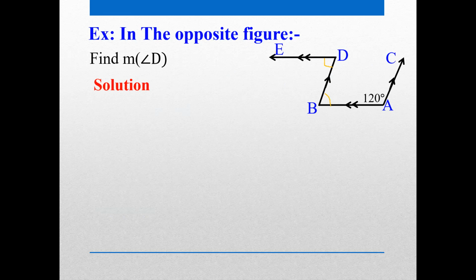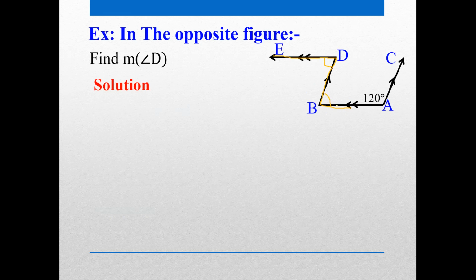Because DE is parallel to BA, so angle D and angle B are alternate angles, formed by the letter Z. The two angles are alternate angles, but we don't have the measure of angle B.